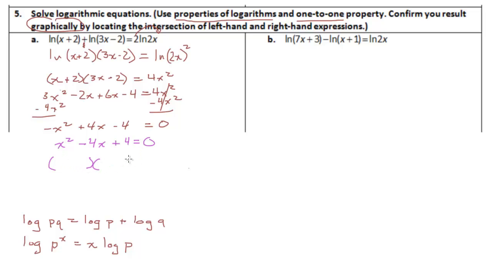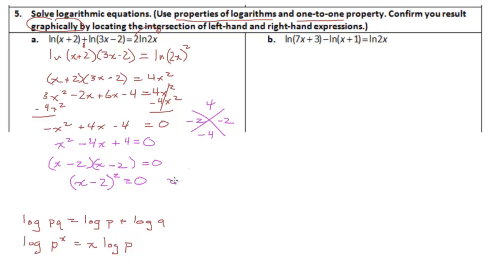Now, factoring looks promising here. We'll bring down the x. We're looking for factors of 4 that add up to be negative 4. There's not many choices. Negative 2 and negative 2, so x minus 2 squared is equal to 0.